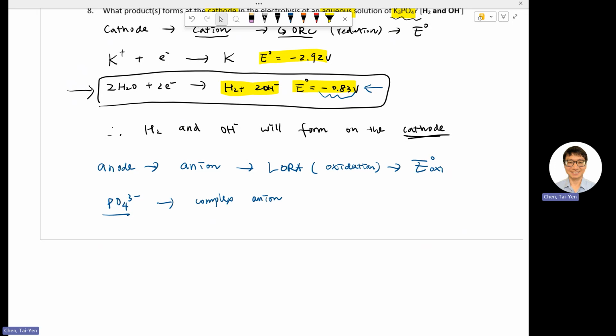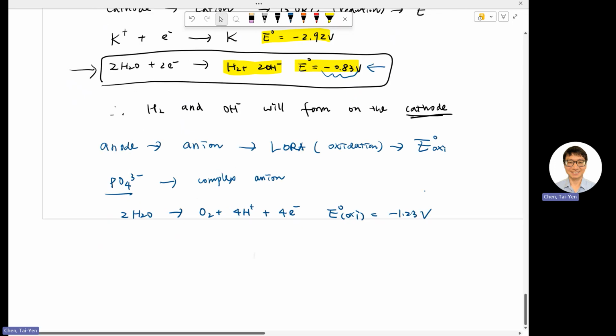The reaction is 2 H2O undergoing oxidation to produce O2 plus 4H plus plus 4 electrons, and the E naught oxidation equals negative 1.23 volt.